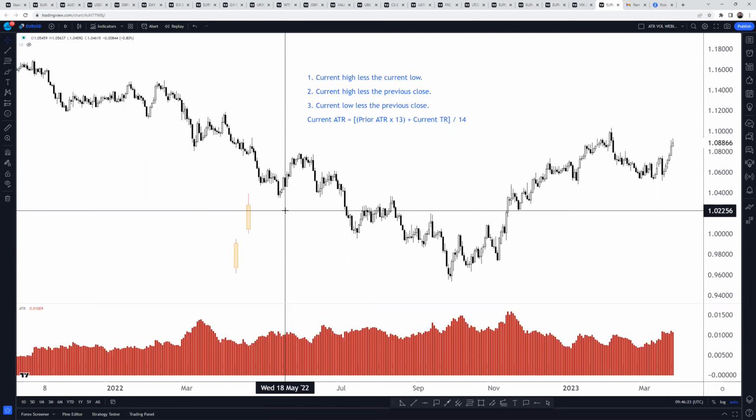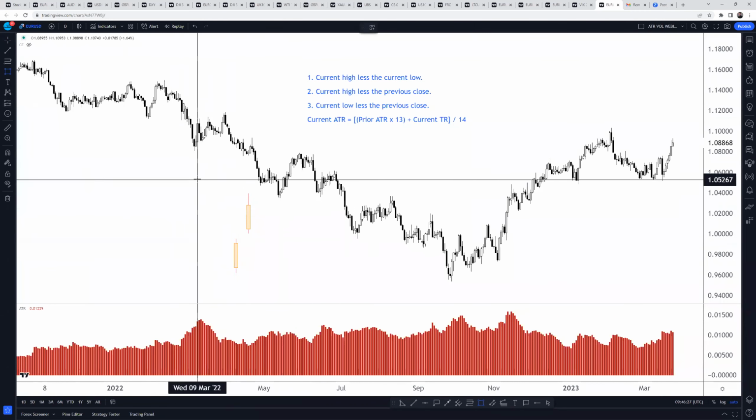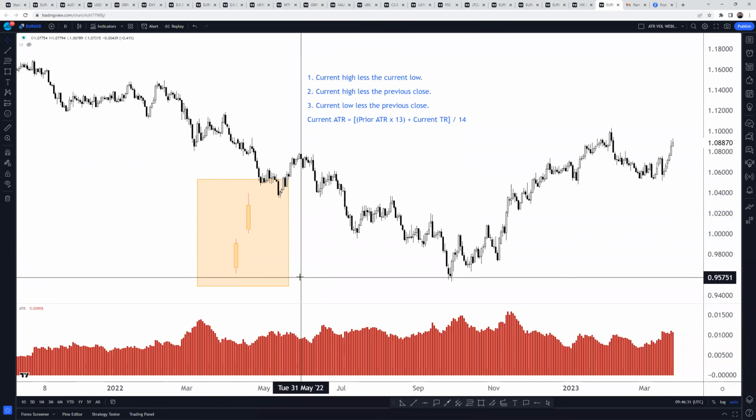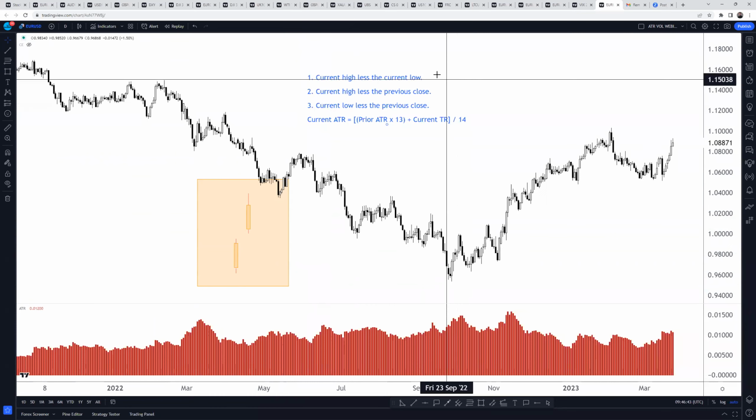A volatility indicator based on just the high or low range would fail to capture the volatility from these gaps or limit moves. And so Wilder created the true range to capture this missing volatility.